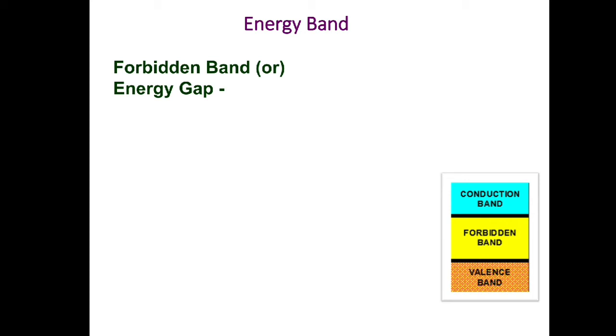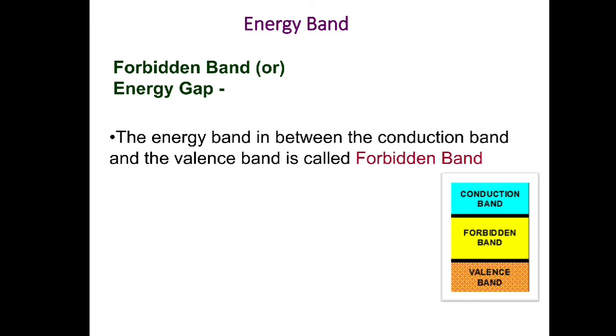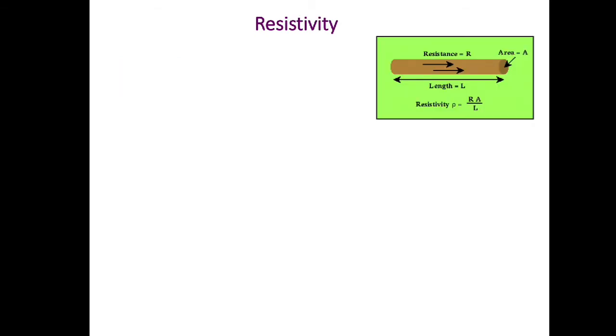You can see the gap between the conduction band and valence band, and this is treated as a forbidden band. Based upon the forbidden band gap, the materials are also classified, whether it is an insulator, a conductor, or a semiconductor.